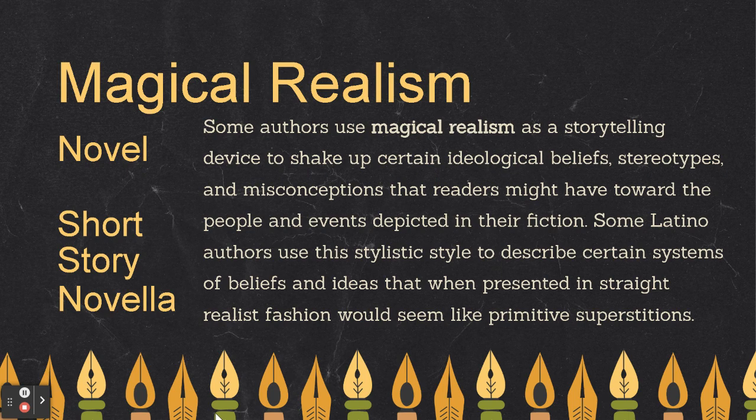Some authors use magical realism as a storytelling device to shake up certain ideological beliefs, stereotypes, and misconceptions that readers might have toward people and events depicted in their fiction. Some Latino authors use this style to describe certain systems of beliefs and ideas that, when presented in straight realist fashion, would seem like primitive superstitions.